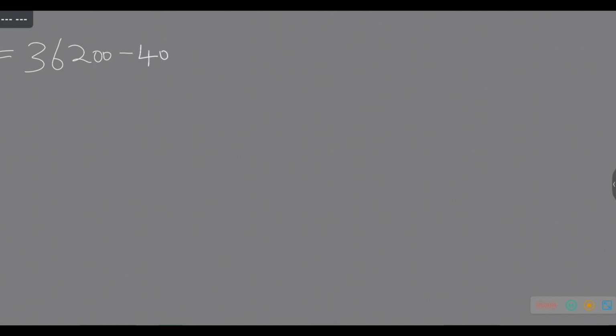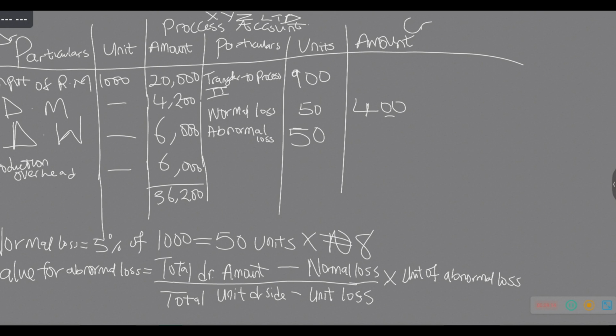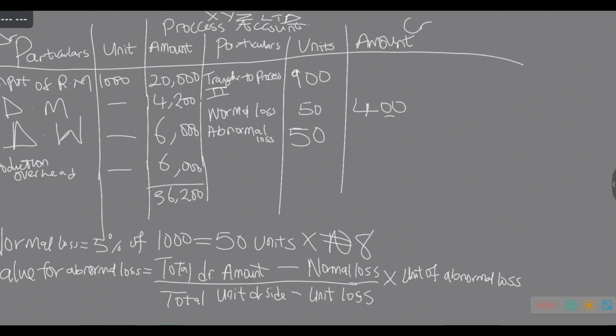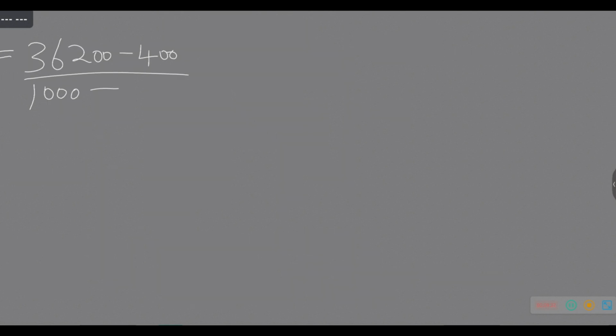The value for the normal loss is 400. That's minus 400, divided by the total units on the debit side, that's 1,000 units, minus the normal loss units, that's 50, multiplied by the abnormal loss units.